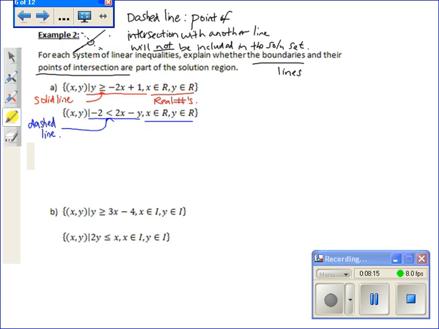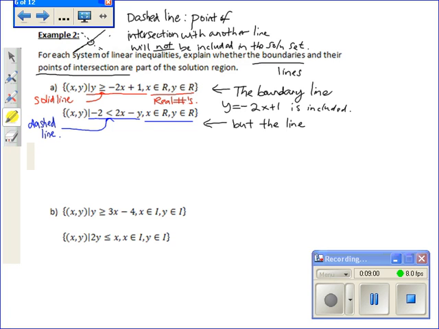So I can say that the solid boundary line y equals negative 2x plus 1 is included, as well as whatever the overlapping shaded region will be. And here I can say that this boundary line will not be included.